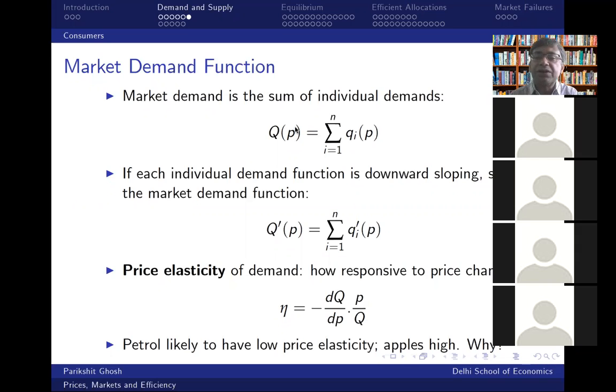So if there's a 10% drop in prices, the law of demand tells us that consumers will buy more, but we want to have a quantitative sense of how much more, right? How responsive are consumers to price changes, increases or decreases? Now, what would be a good measure of that?